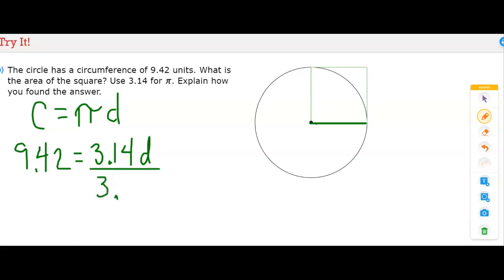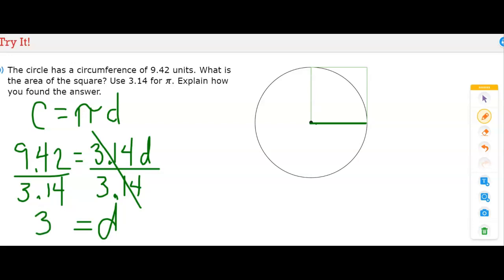So we're going to divide by 3.14 on both sides of the equation. That cancels out. We're left with d. So you would do 9.42 divided by 3.14, and you get 3.